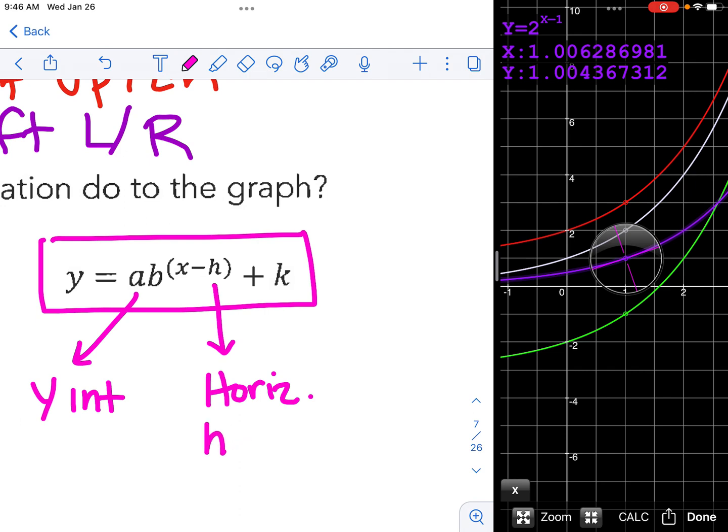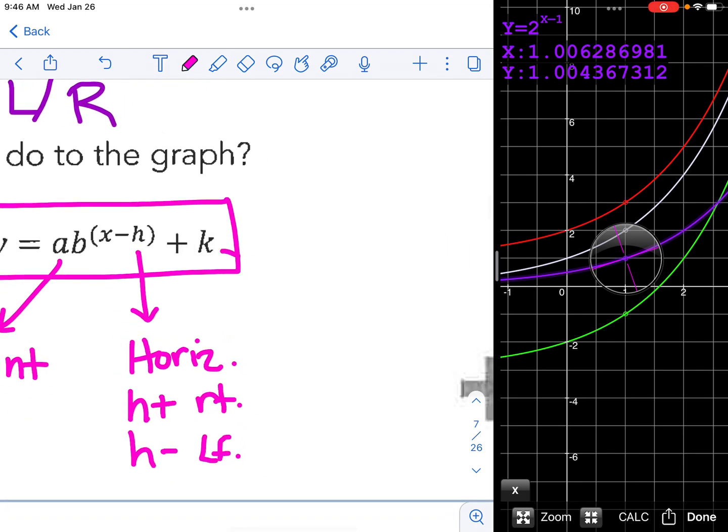When h is positive, then it goes right, and when h is negative, we'll see a plus sign in there. It'll go left. And then this is our vertical shift. When k is positive, we go up, and when k is negative, we go down. All of that stuff.